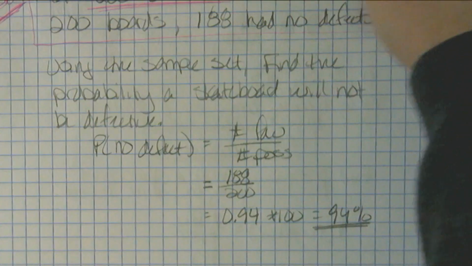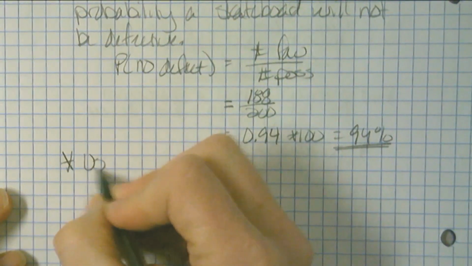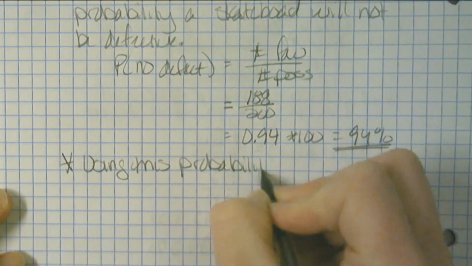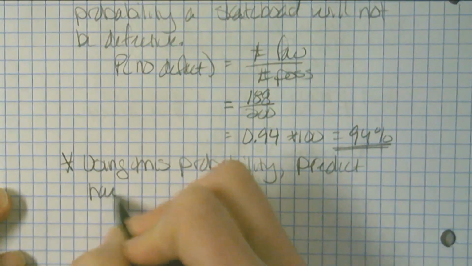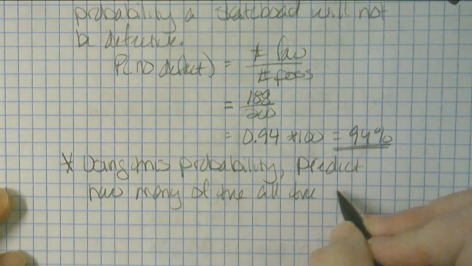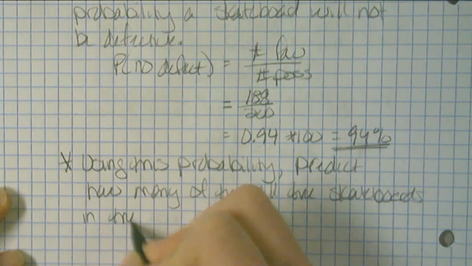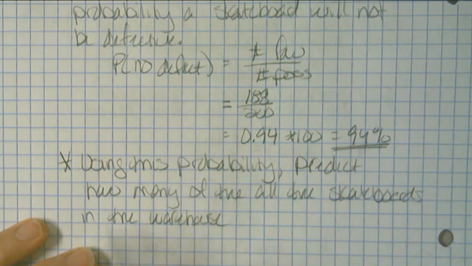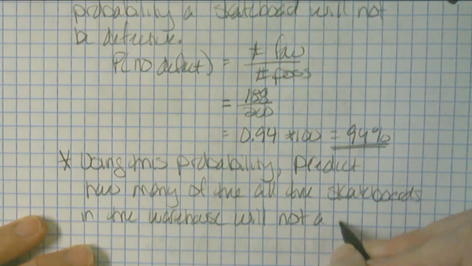Okay. So now this is the new thing. Using this probability, predict how many of all the skateboards in the warehouse will not have a defect.